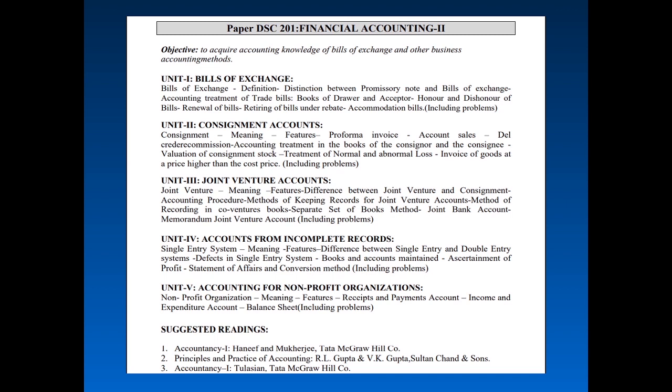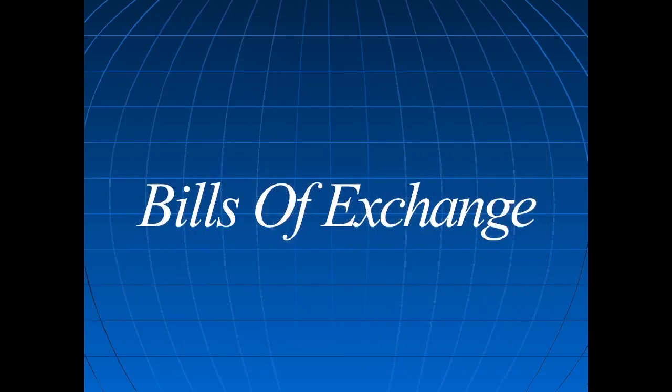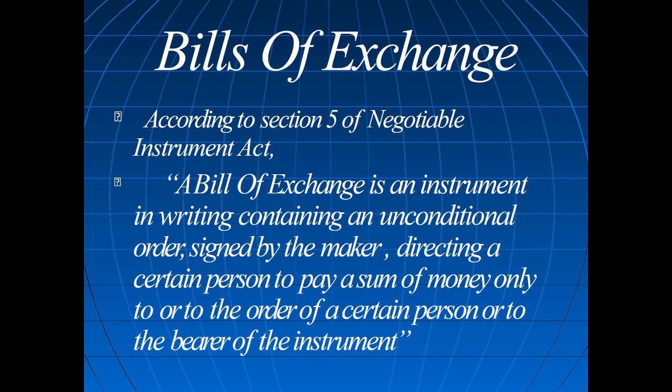Units are: Unit 1, Bills of Exchange; Unit 2, Consignments; Unit 3, Joint Venture; Unit 4, Single Entry; Unit 5, Non-Trading Concerns. Okay, we are discussing Unit 1, Basics of Bills of Exchange.